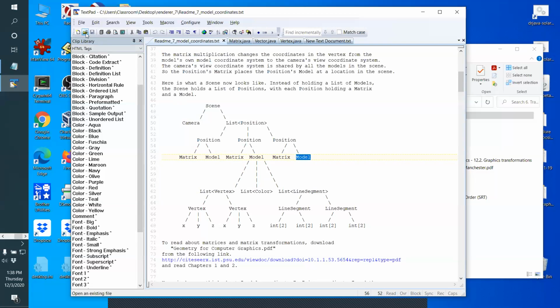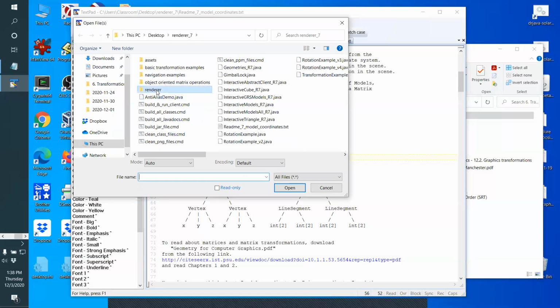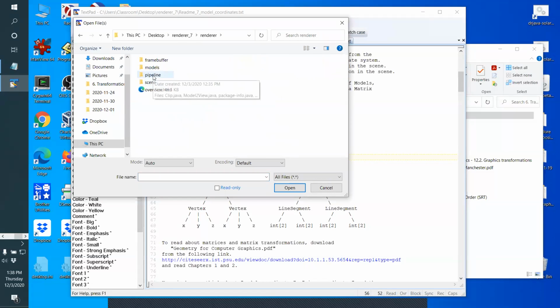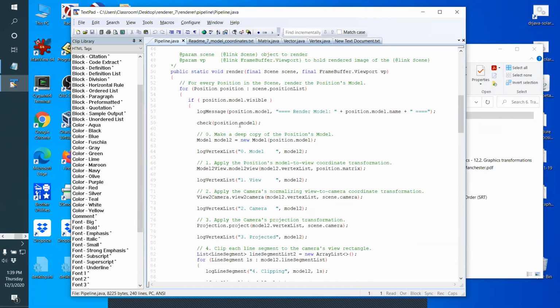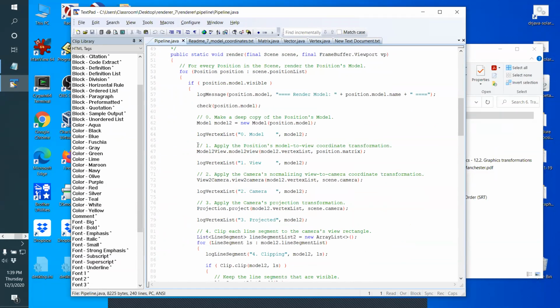Now what happens is that the very first step of the renderer, there's a new pipeline stage in the renderer. The first stage of the pipeline is to do the matrix multiplication.